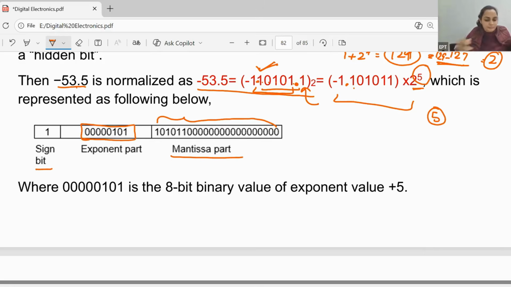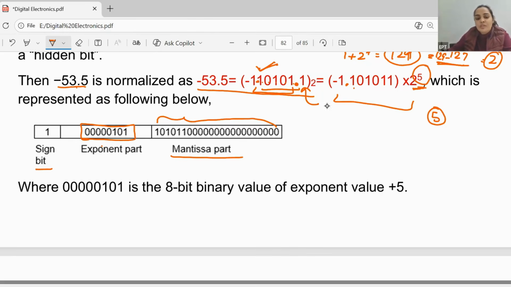Wait a second. So students, how will you write this exponent value?